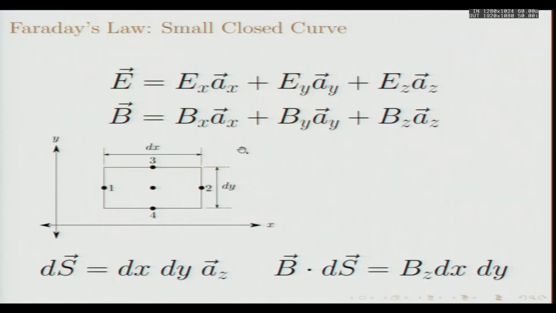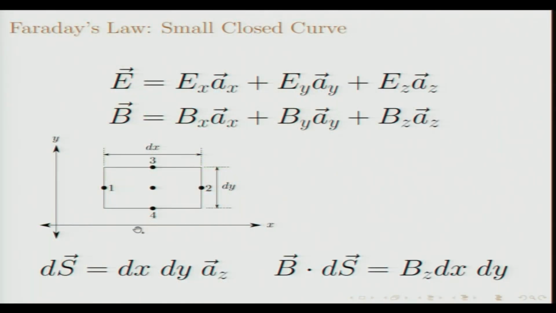Let us move on to a slide here. If you look at Faraday's law applied to a very small closed curve, of infinitesimal dimensions, what you have here is a closed curve in the xy plane.